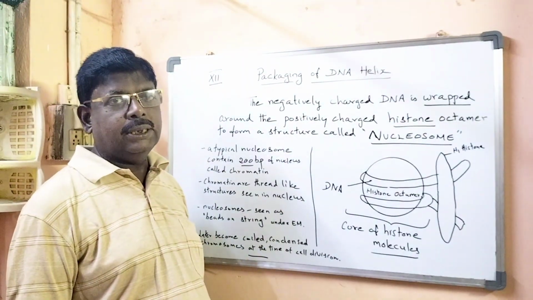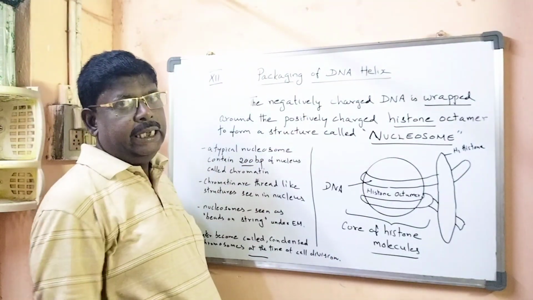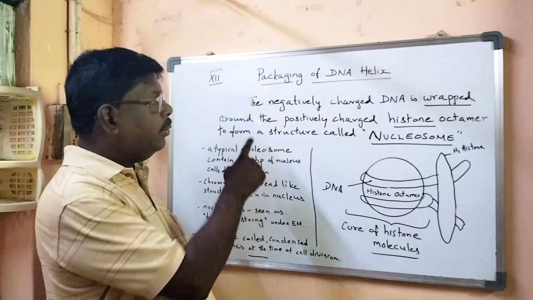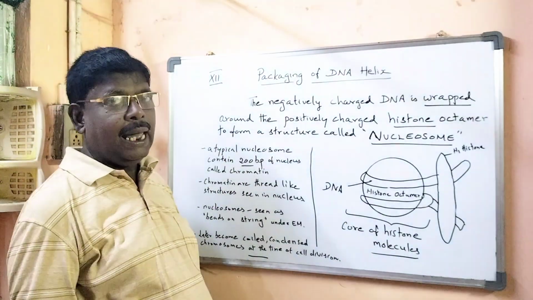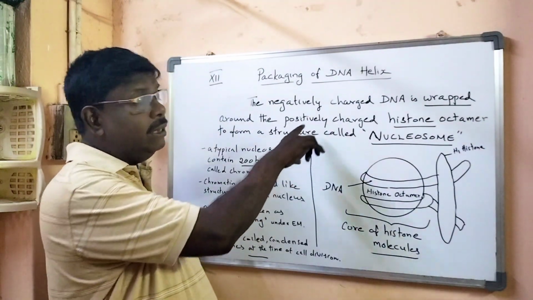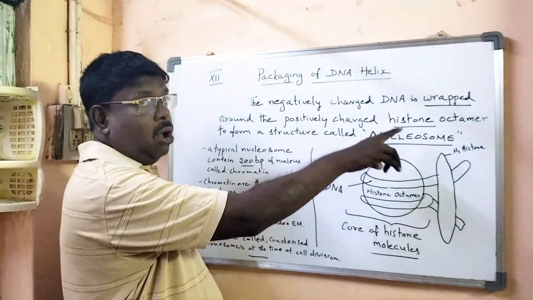Packaging of DNA helix in eukaryotes. The negatively charged DNA is wrapped around the positively charged histone octamer.